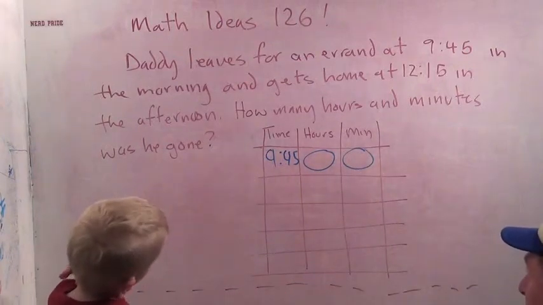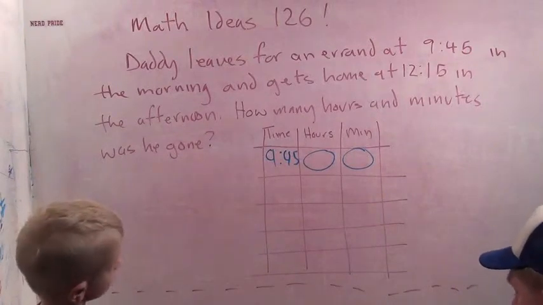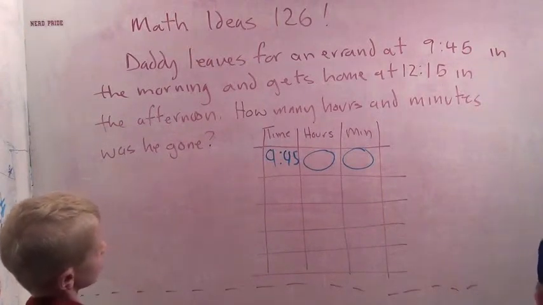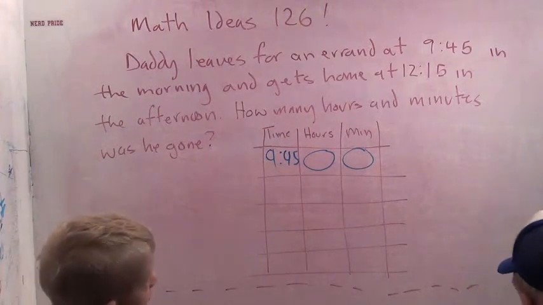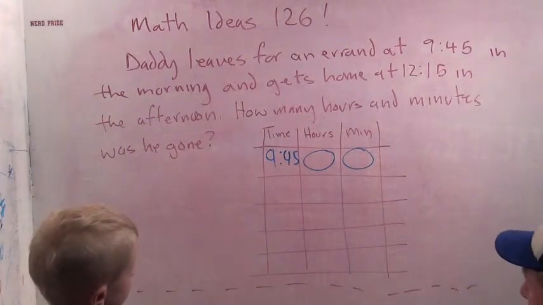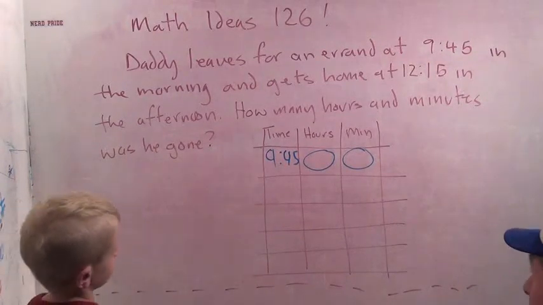What's the next time you want to check? Well, we could add on some things. Yeah, we need to add on some things. How many hours could we add on? Well, just keep it simple. 1 hour. Yeah, that's a good way to keep it simple.